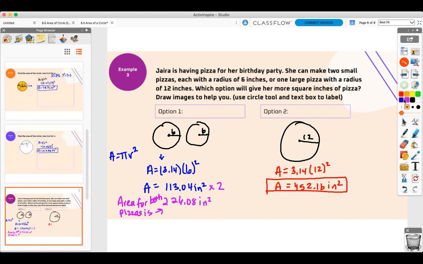So the final answer for this, if you're answering it, would be the large pizza will give her more square inches of pizza.